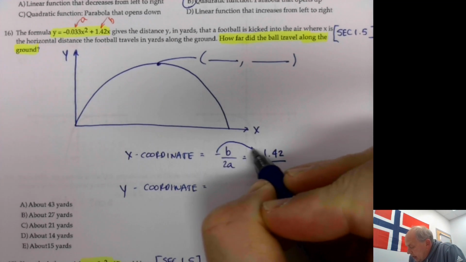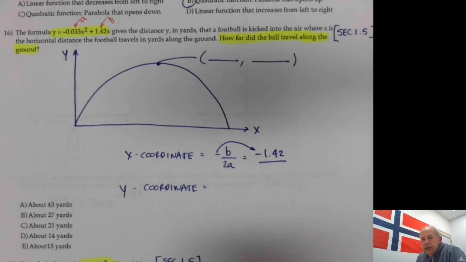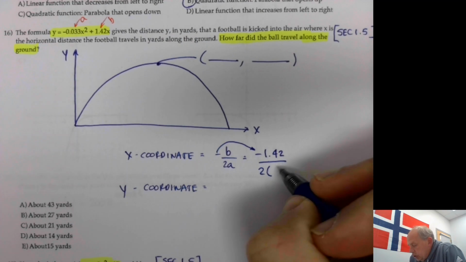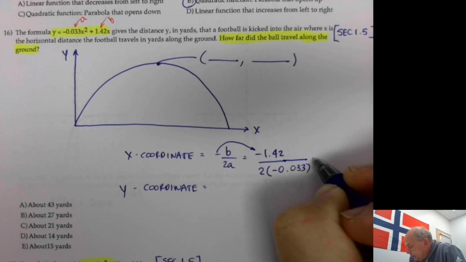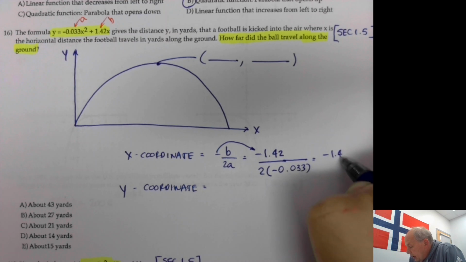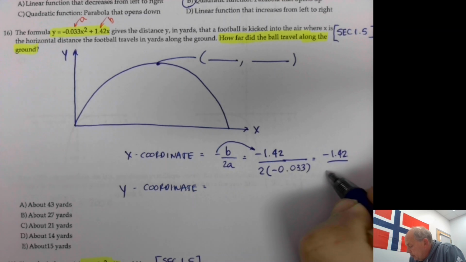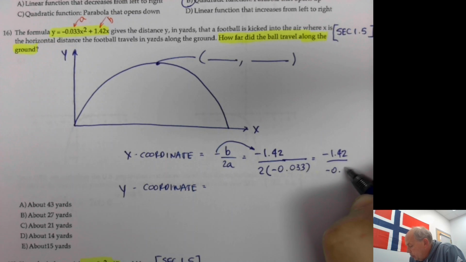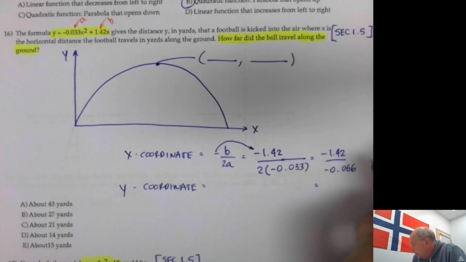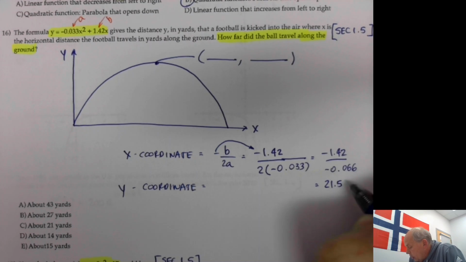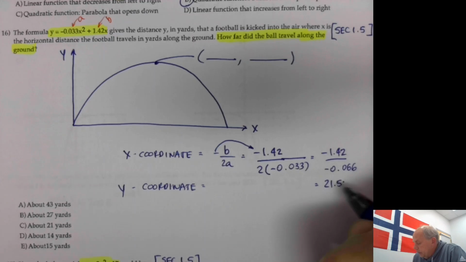Here comes the negative from my equation, my minus sign. 2, and my a is negative 0.033. So I have negative 1.42 over negative 0.066. My x coordinate is 21.5.